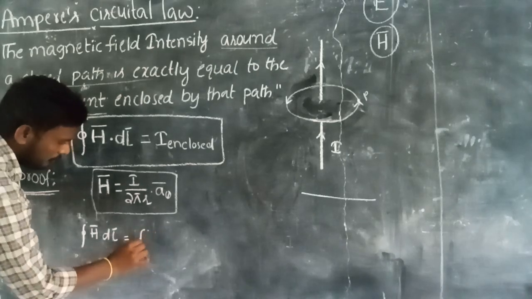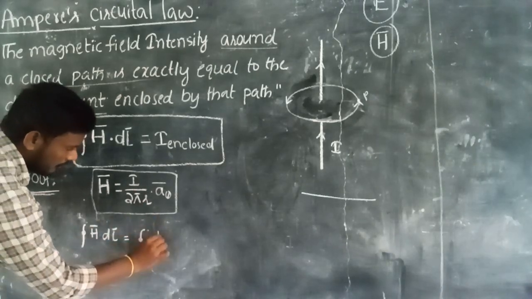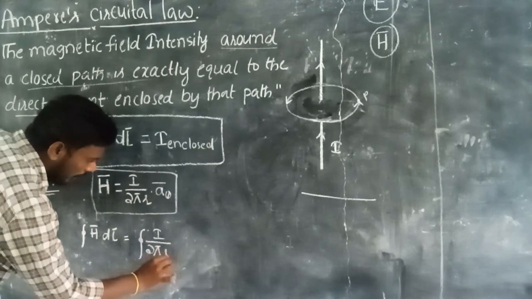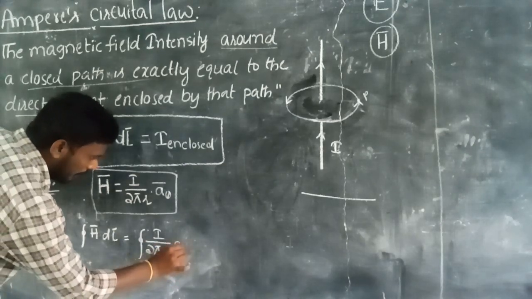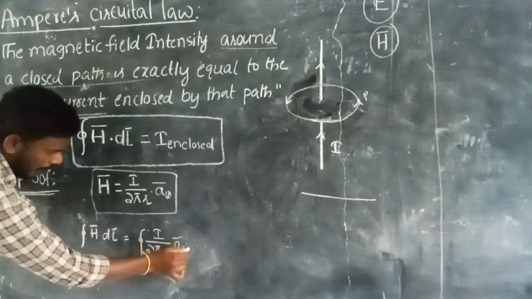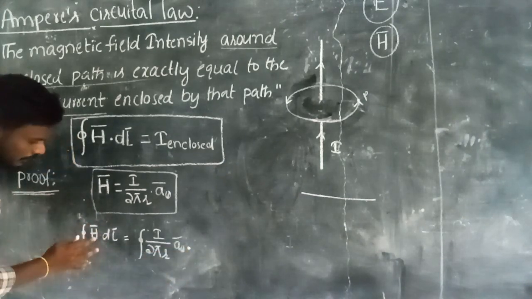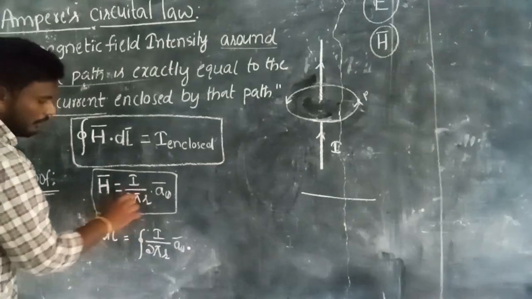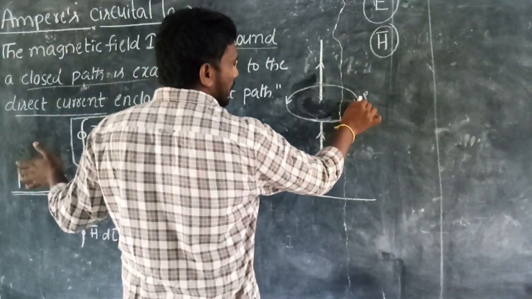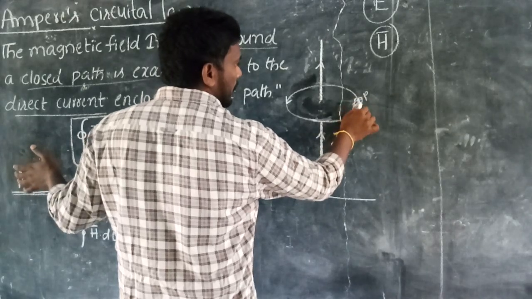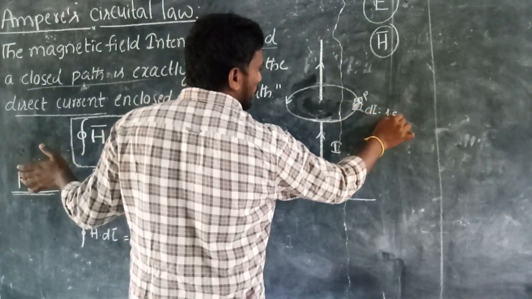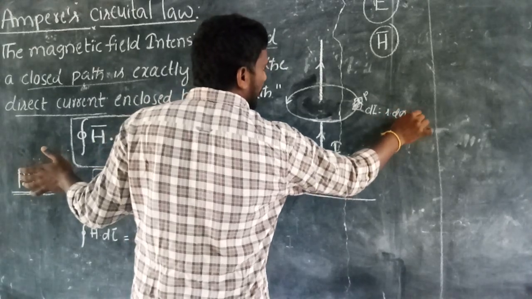H bar is equal to I by 2 pi r into A phi bar. This is the value of H bar, and there is a dot product between H bar and dl bar, where dl bar is a small differential length on this circular path. Here dl bar is considered as r into d phi into A phi bar.